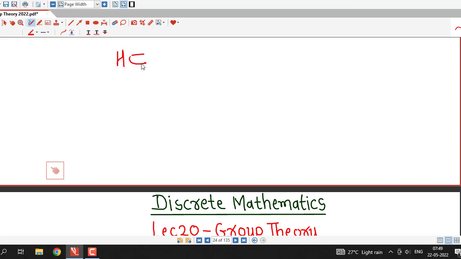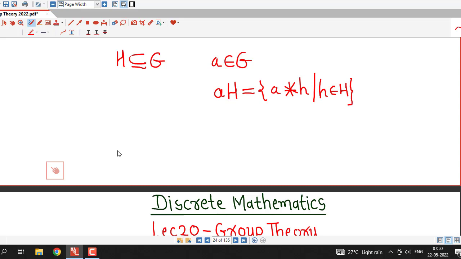Suppose H is a subgroup of G, then for every element a of G, the left coset of H is denoted by aH, and it is the set consisting of elements of this type, a star h, where h belongs to H.